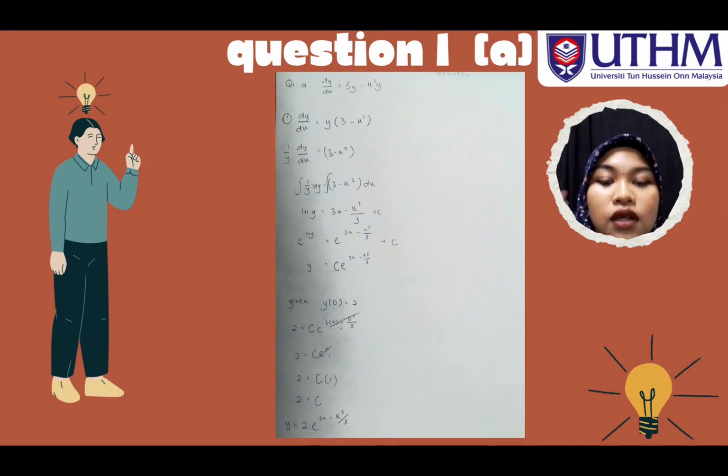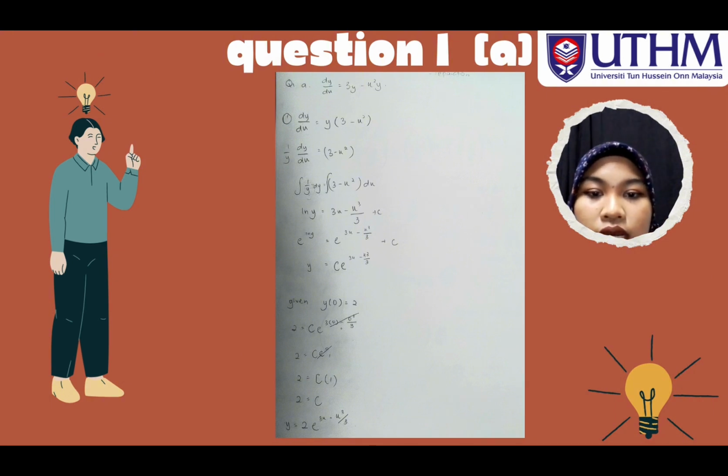Then ln y, we take the exponent on both sides, so it will be the exponent of 3x minus x power of 3 per 3, plus c as a constant number.